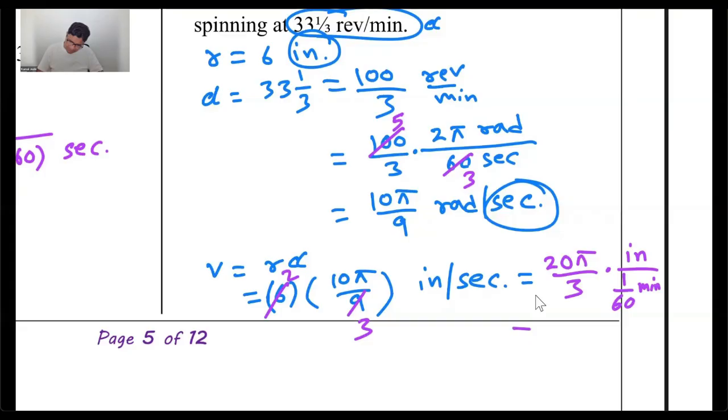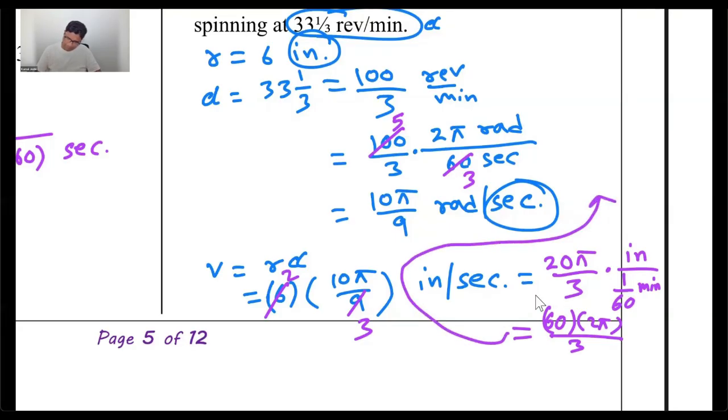So in your calculations, that 60 should go up now. 60 times 20 pi divided by 3. 3 will cancel with 60, so you get 40 pi, 40 pi inches per minute.